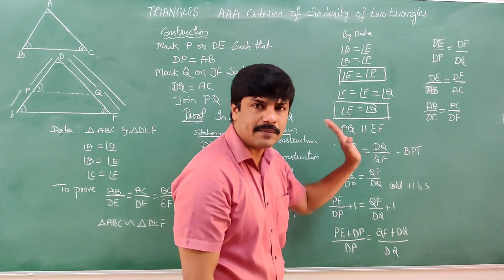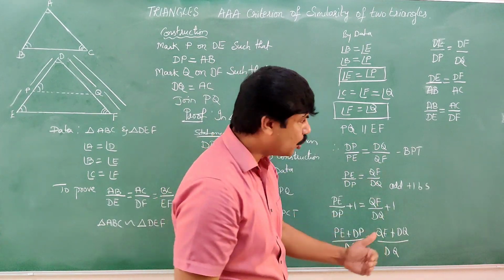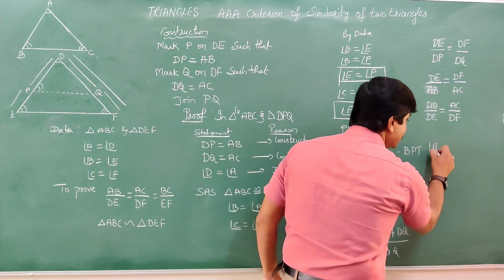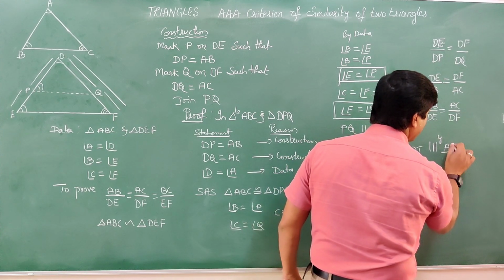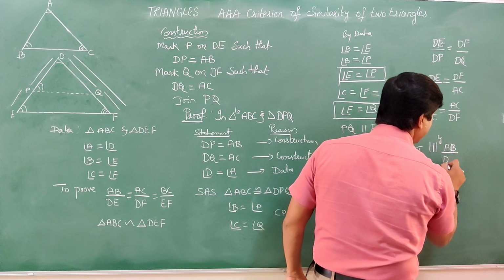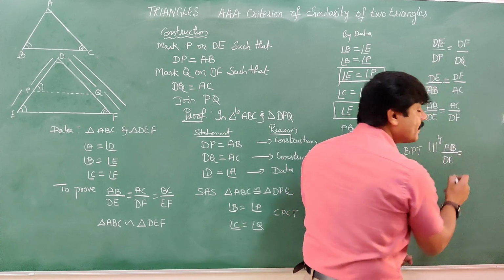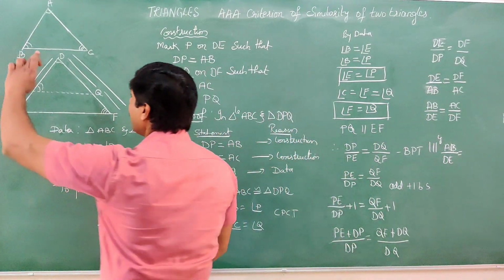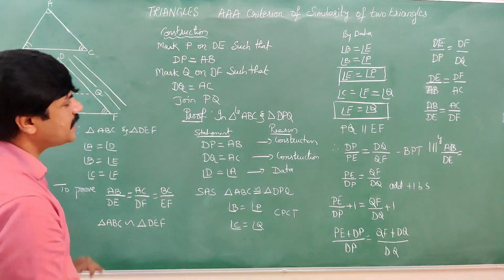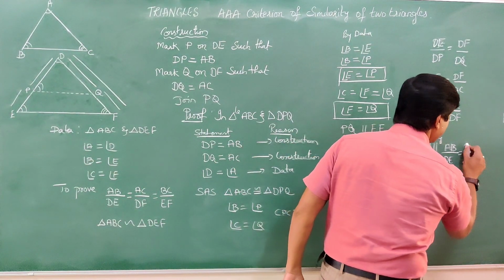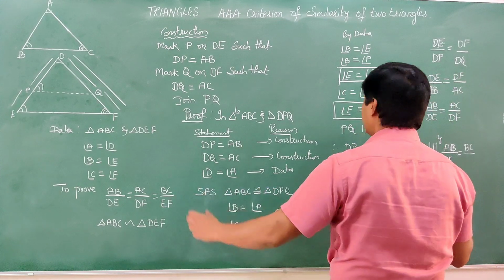In a similar way, AB by DE also becomes equal to BC by EF.